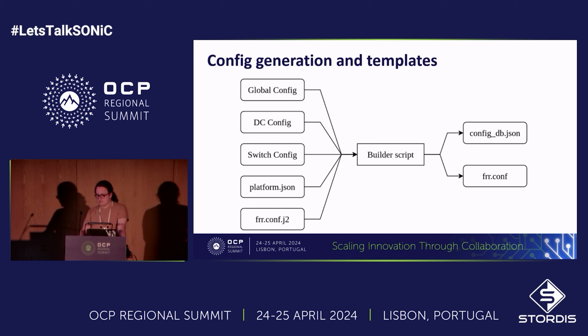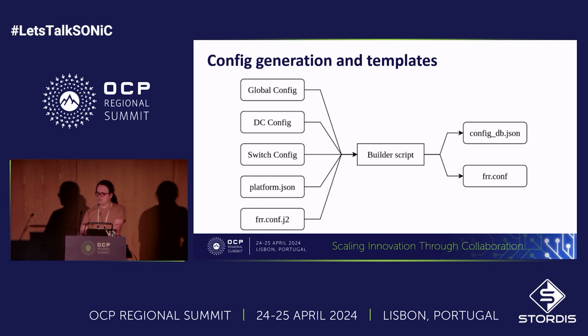So we do config generation with Python. We took 3 levels of domain-specific configuration that is designed for our needs, as simple as possible. Those 3 levels cover global, which is universal to every switch in every data center. We have data center level, which is universal to every switch in a given data center.